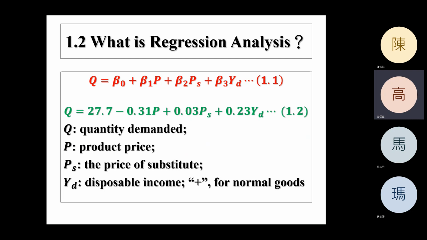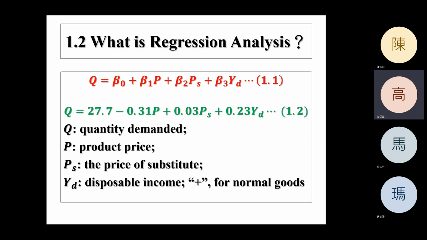If you have $1 more, the quantity of iPhones will increase by 0.23. It's hard to understand using these decimal places. So if I make it 100, if you have $100 more, the quantity of iPhones demanded will increase by 23. Understand what I'm saying here?